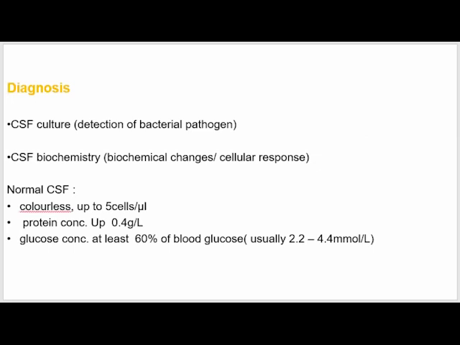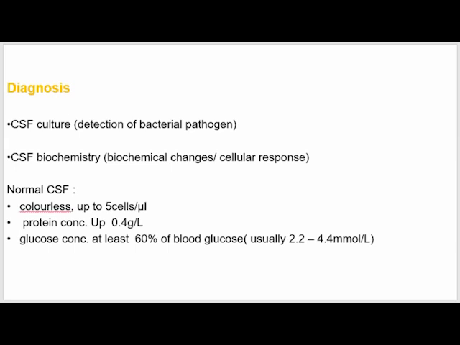So you usually do biochemistry. So the normal cerebrospinal fluid is colorless and it has cells up to 5 per microliter. Those are polymorphs.